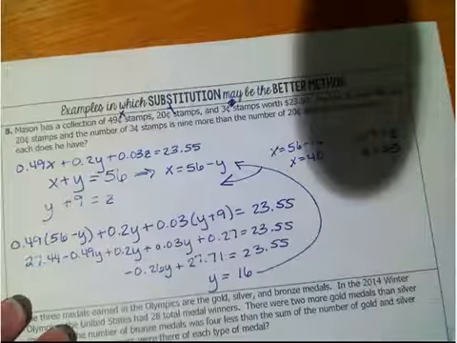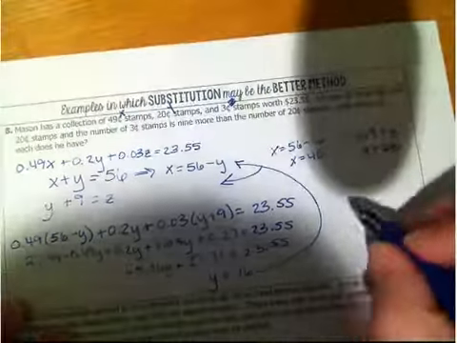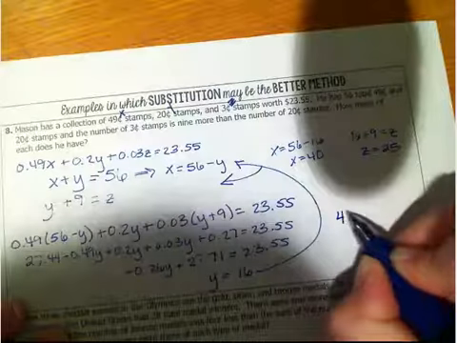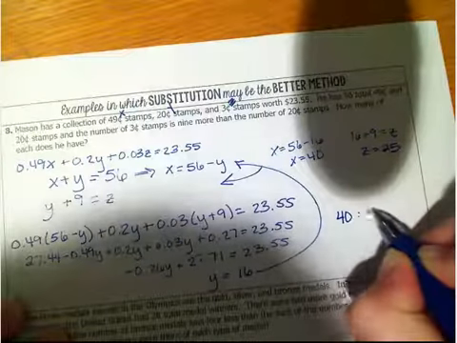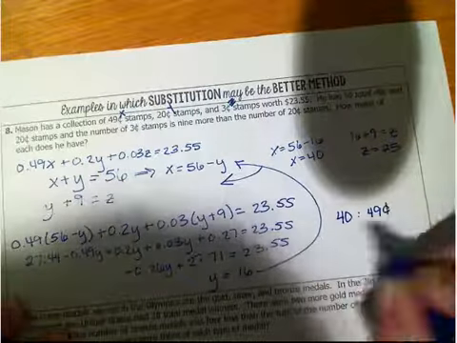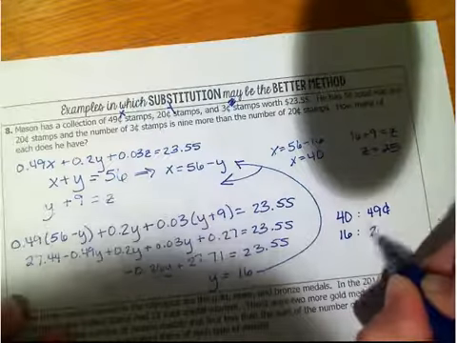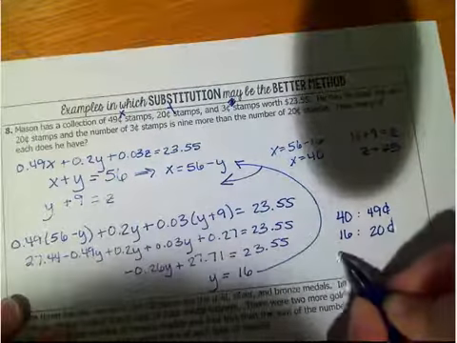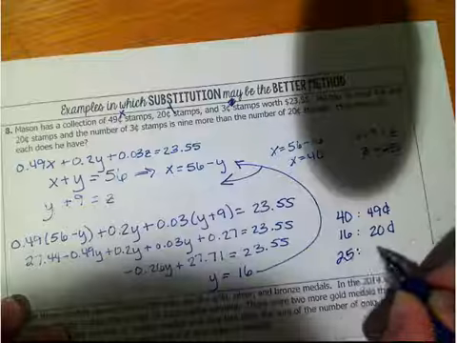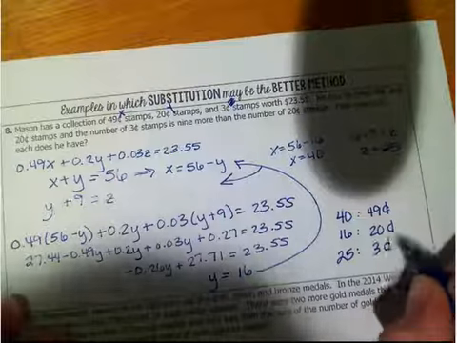So now I've solved for all my variables. So I have 40 49-cent stamps, I have 16 20-cent stamps, and 25 3-cent stamps.